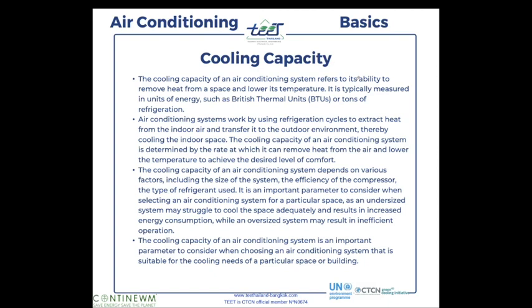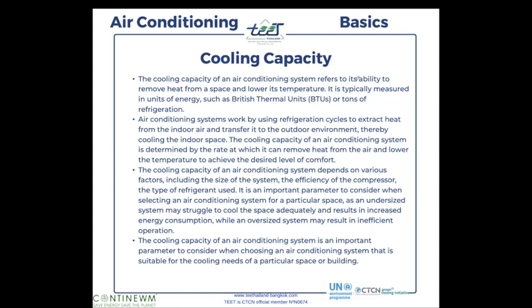The cooling capacity of an air conditioning system is determined by the rate, basically the speed, at which it can remove the heat from the air and lower the temperature to achieve the temperature setup. The cooling capacity depends on various factors, including the size of the system. If you have a very small coil, it will take time to remove the heat of a big volume of air, okay?